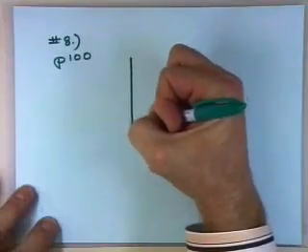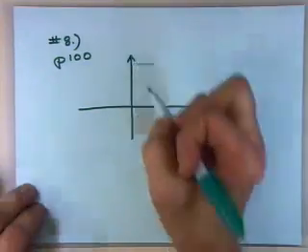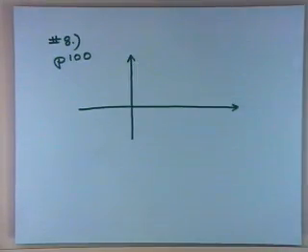What page is this? 100? Use the graph of s as a function of t to estimate the instantaneous velocity. So we've got a distance, or position versus time function, and we want the instantaneous velocity at time 2.